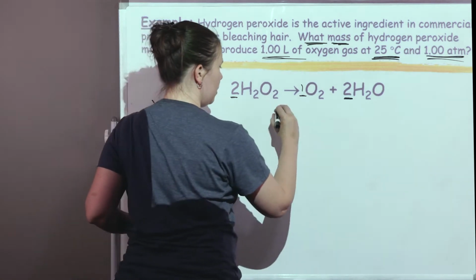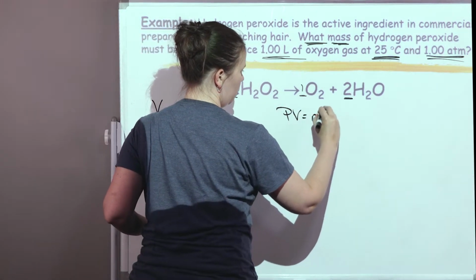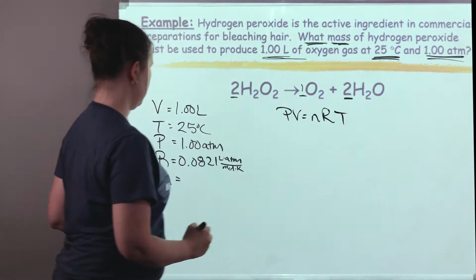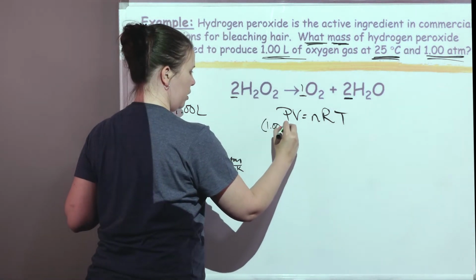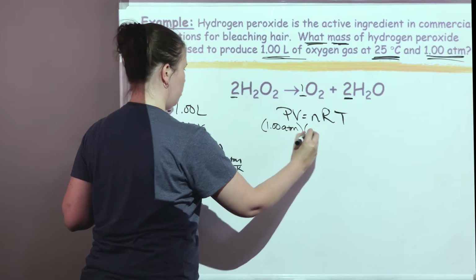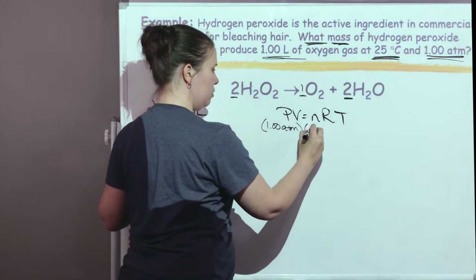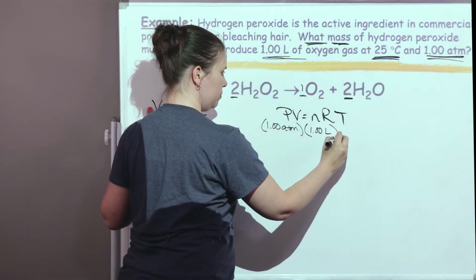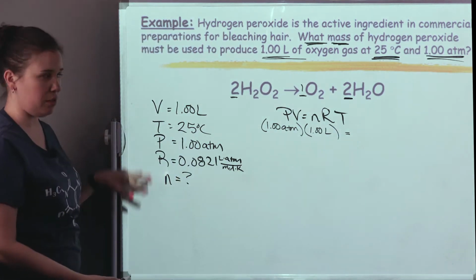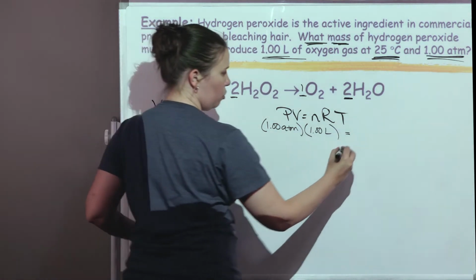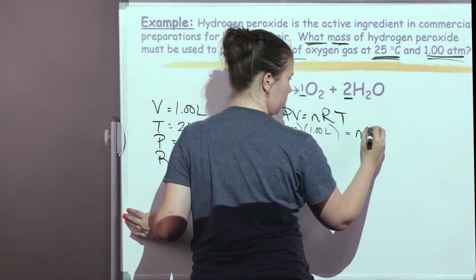So we're going to go ahead and write down PV equals nRT. The pressure was given to be 1 atm. The volume to be 1 liter. The moles was the question mark, the thing that they didn't give us. We might not know why we need it now, but we know we can solve for it.